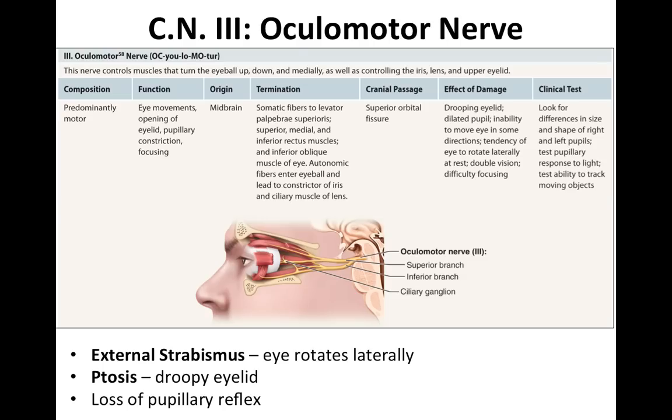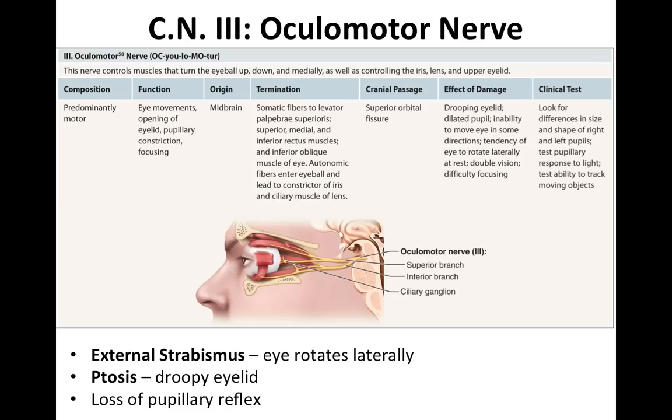When you have damage to the oculomotor nerve, there are pretty varying effects of diminished activity. You can see these over here: drooping eyelid, dilated pupil, inability to move the eye, and of course double vision, since we're seeing here the inability to align one eye with the other eye. Things tend to look pretty blurred.